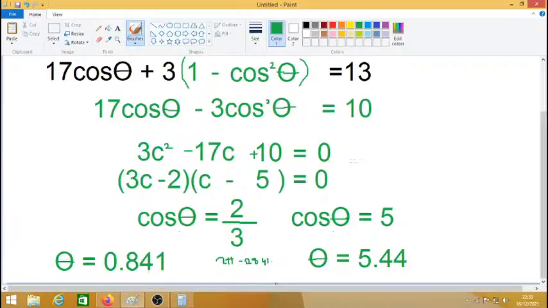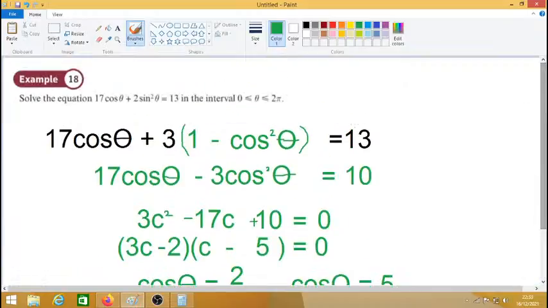Okay, thanks for following this. A little bit long, but make sure you use the technique at the beginning to try and think, how can I make them match, instead of having cos and sine, two different trig ratios in the same equation. Normally you go for sine squared plus cos squared equals 1 as the one you're going to change.